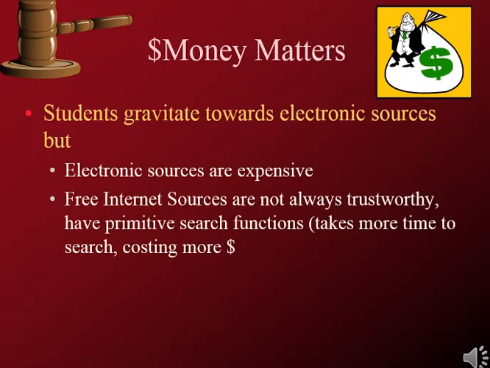Although students tend to gravitate towards electronic sources because they seem easier, they're not necessarily simpler. Electronic sources can be very expensive. Even though you have free access to sources like Westlaw and Lexis, keep in mind someone, namely the school, is paying for your free access, so it's not necessarily completely free.